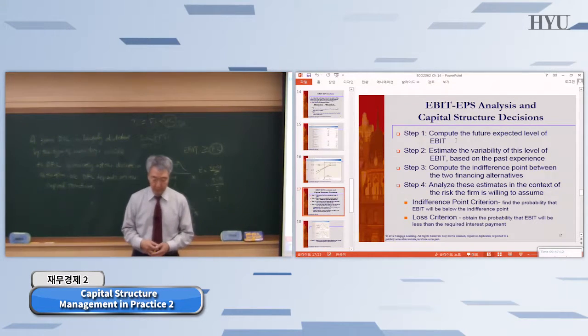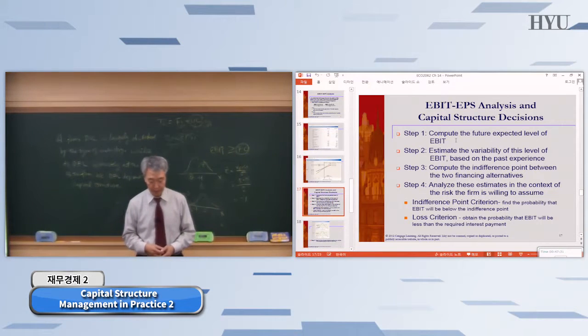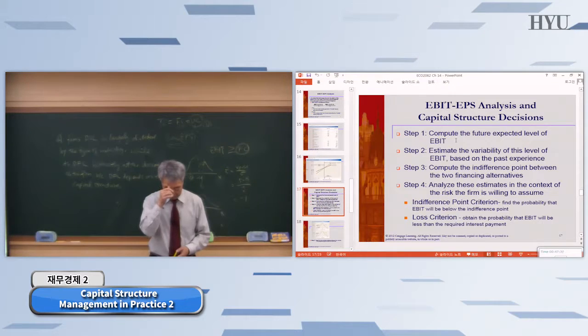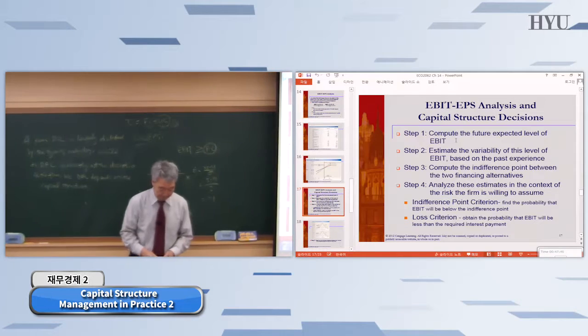Okay? And then compute the indifference point between the two financing alternatives, right? That's when you use the equation and solve it for the EBIT level, right? And analyze these estimates in the context of the risks the firm is willing to assume. Okay? And here they mention two different criteria. One is the indifference point criterion and the other is the loss criterion. Okay?